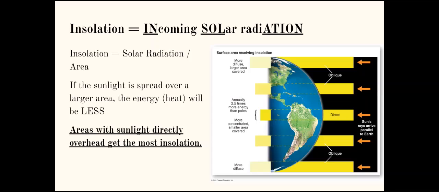So if the sunlight is spread over a larger area, the energy or the heat is actually going to be less. And this is the reason why generally we understand that the equator, the center of the Earth or the middle of the Earth, gets more direct sunlight and therefore is warmer than something like the North and the South Pole, because there's a larger area, the light is spread out more, and so it's colder in these areas.